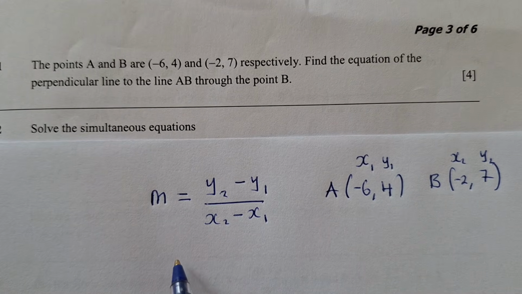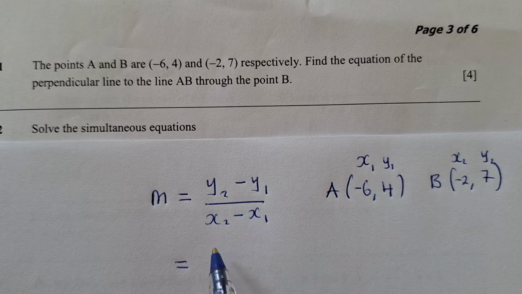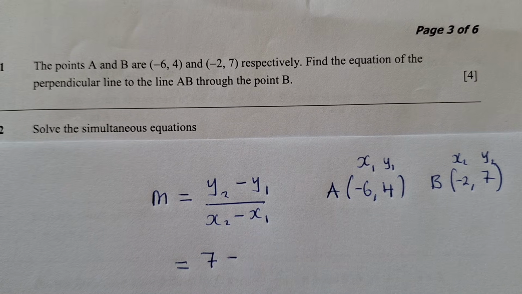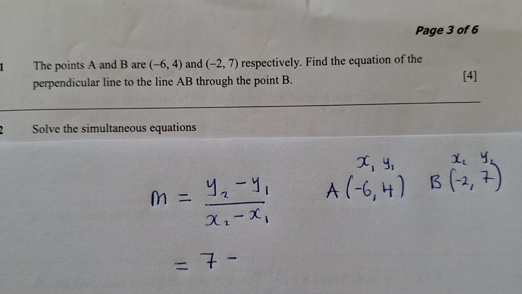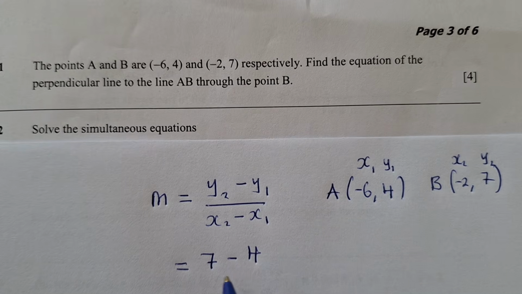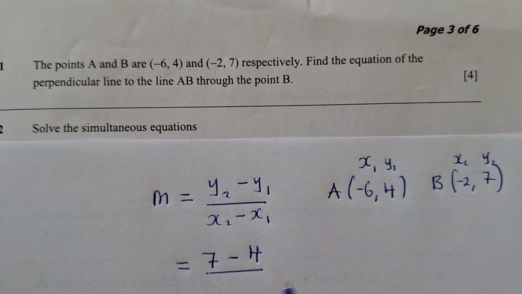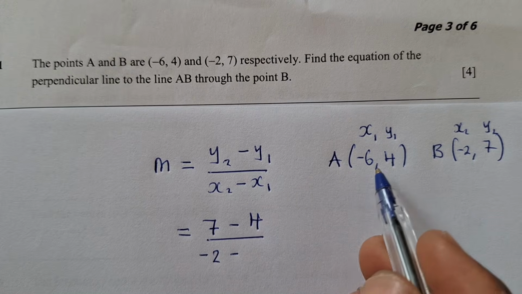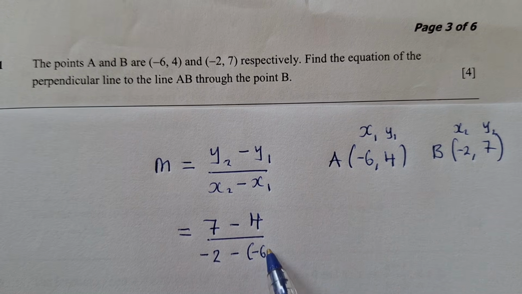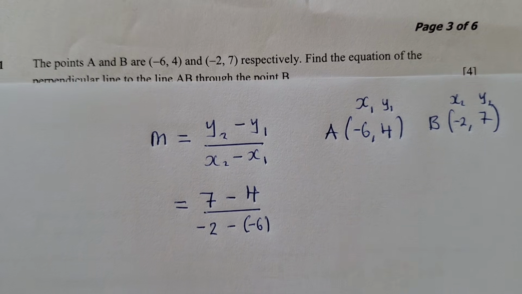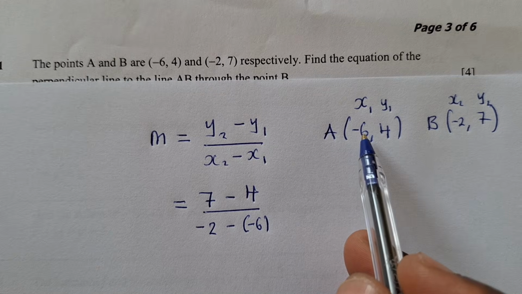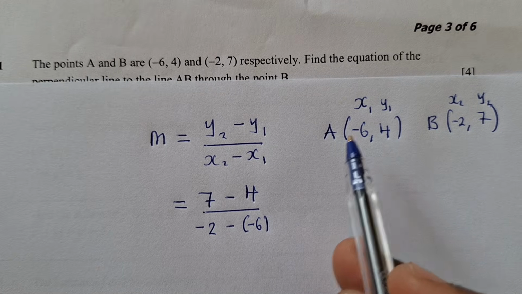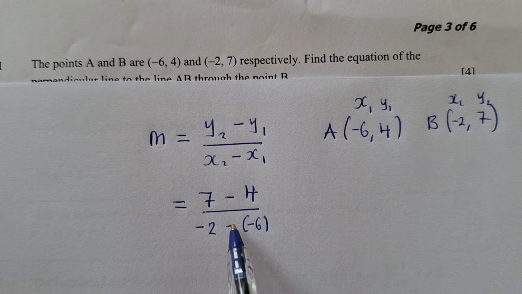So we substitute. What is our y2? It's a 7, minus our y1, which is a 4, over x2, which is -2, minus x1, which is -6. Any number which is negative, you put it inside brackets if it's coming after the minus sign.